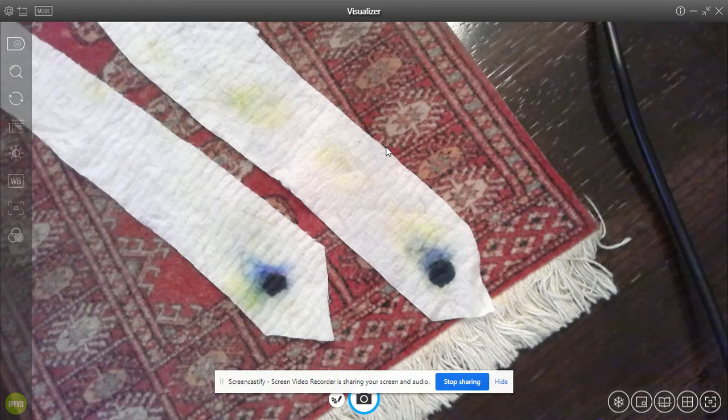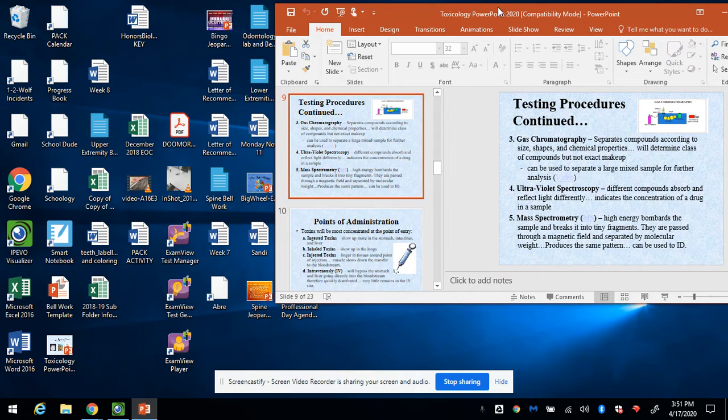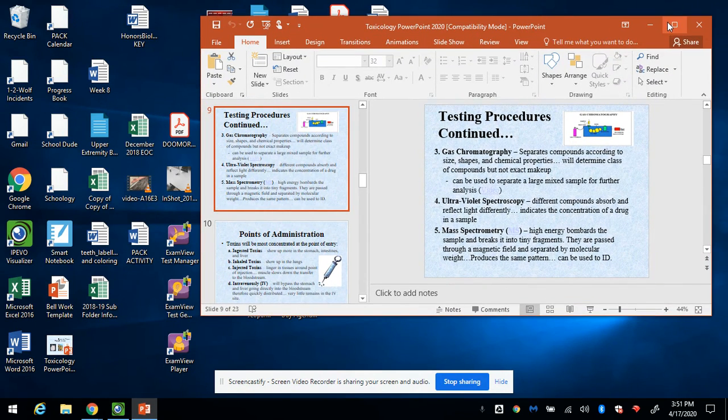So this is the first example of what we did when I did chromatography in high school and college. We separated out based on color. Now, they don't separate drugs and poisons out based on color, but the word chromatography comes from what we just saw there.